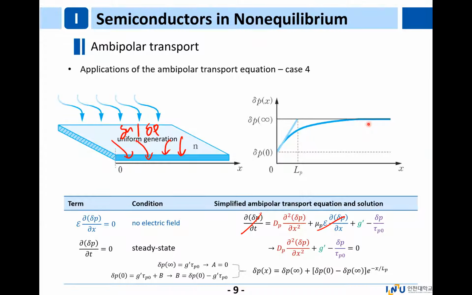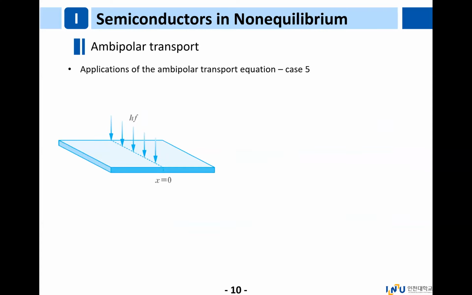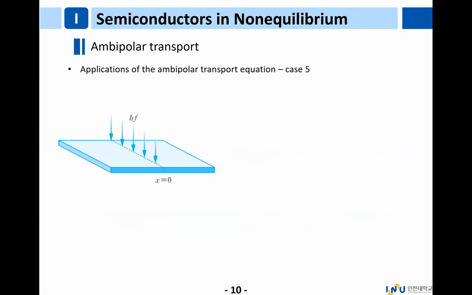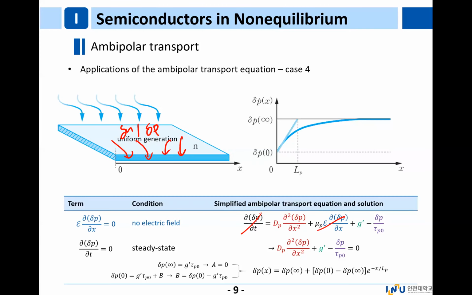However, since the lifetimes of minority carriers differ at x equals 0 and at infinity, the recombination rate of excess majority holes... sorry. So the recombination rate of excess majority holes can be expressed as follows.